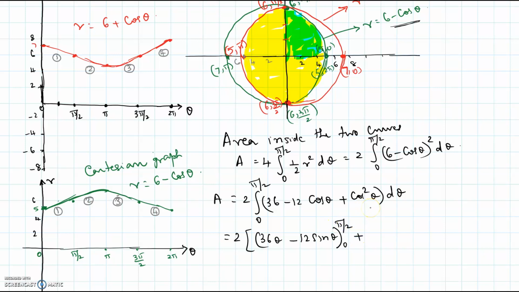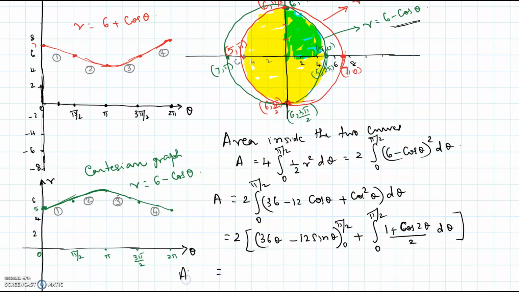The other integral, cosine square, can be written as 1 plus cosine 2 theta over 2. Very often we will be integrating either sine square or cosine square in these problems. In both cases you have to apply the trigonometric formula. For cosine square it is 1 plus cosine 2 theta over 2. If it was sine square, you have to use 1 minus cosine 2 theta over 2, from 0 through pi by 2 d theta.